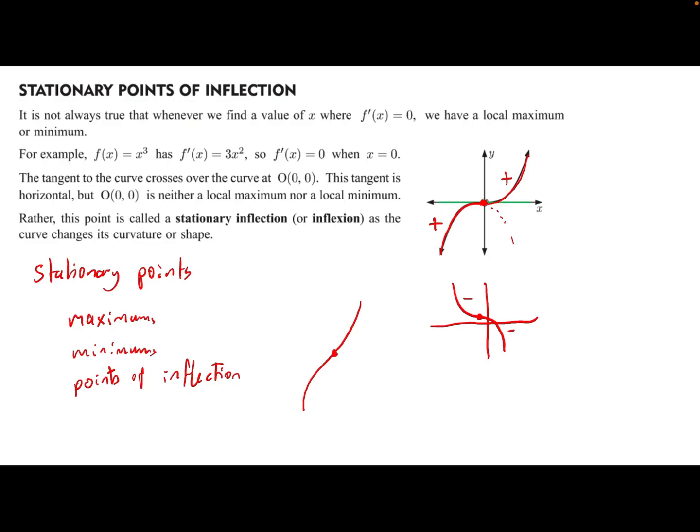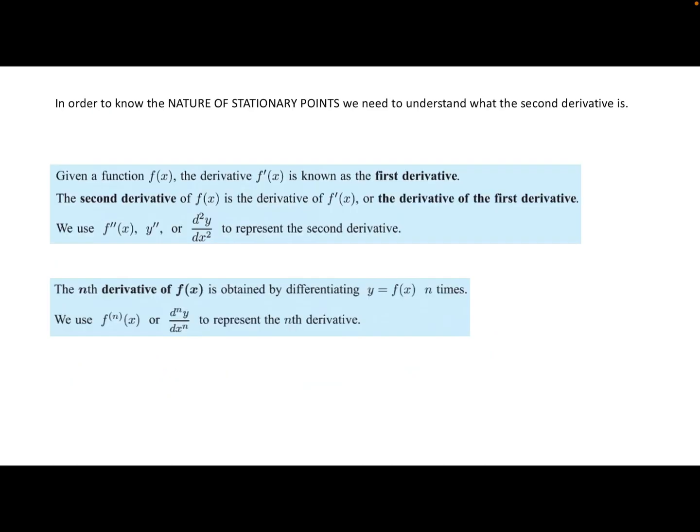It's simply the point at which the gradient is getting shallower and shallower, and then at this point it suddenly starts to get steeper and steeper. So it's where it changes. Okay, that's the point of inflection. It doesn't have to go all the way to 0 to be considered a point of inflection. So a point of inflection might be a stationary point, or it might not be. Now, hopefully this will become clearer as we go through.